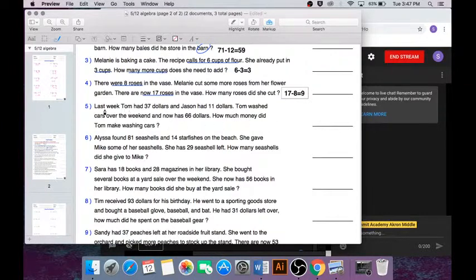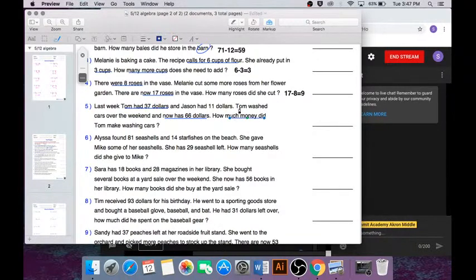Number 5. Last week, Tom had $37 and Jason. Tom washed cars over the weekend and now has $66. How much money did Tom make washing cars? So we know that Tom had $37 and that now he has $66. So how much money did he make?